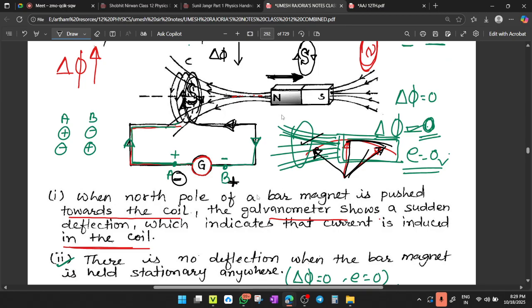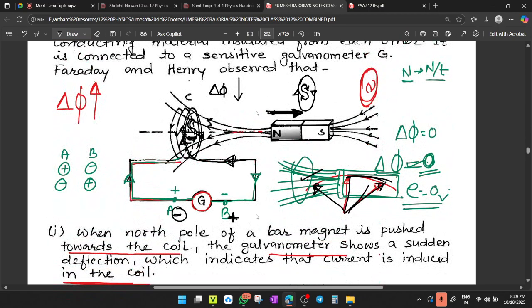So what I followed was Lenz's law. But now I will tell you about the opposition. Till now we have not talked about the opposition to the change in flux, but now we are in a position to talk about it. How? See, in the first case, your magnet is coming towards the coil. Yes or no?